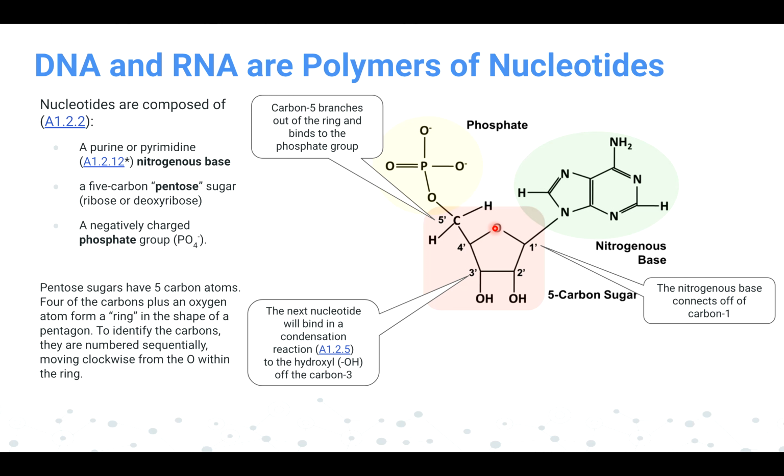To identify the carbons, they must be numbered sequentially: 1, 2, 3, 4, and 5, moving clockwise from the oxygen within the ring. So leave the oxygen, then first carbon, second carbon, third, fourth, like that you can count. The 5th carbon connects with the phosphate group by a phosphodiester bond.